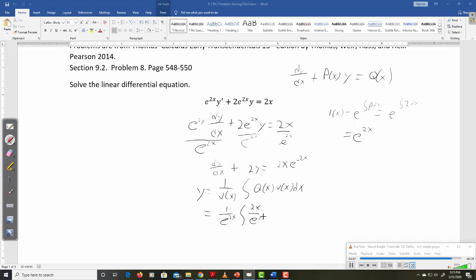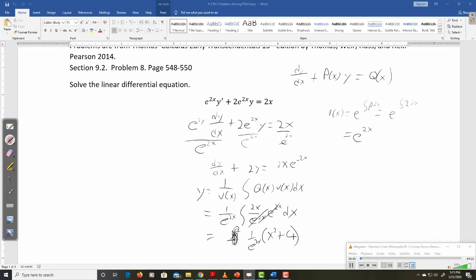So 2x over e to the 2x times e to the 2x dx. So that goes away, and we're just integrating 2x, so that is going to just be x squared. So we'll get, oh, not do that yet. 1 over e to the 2x times x squared plus c.